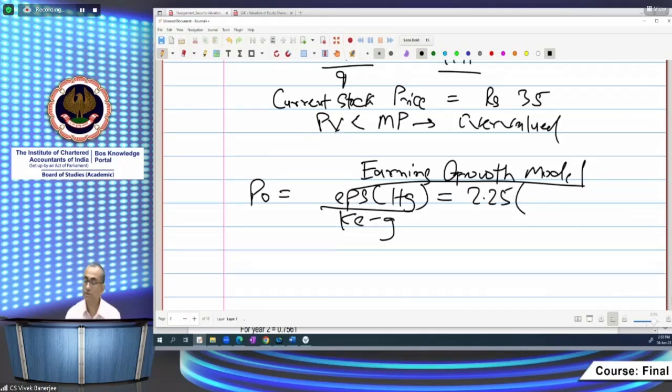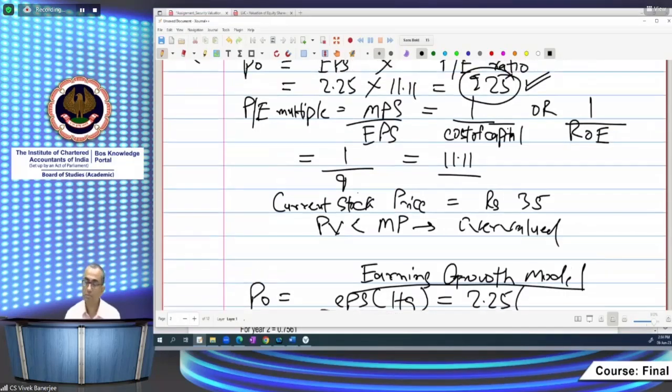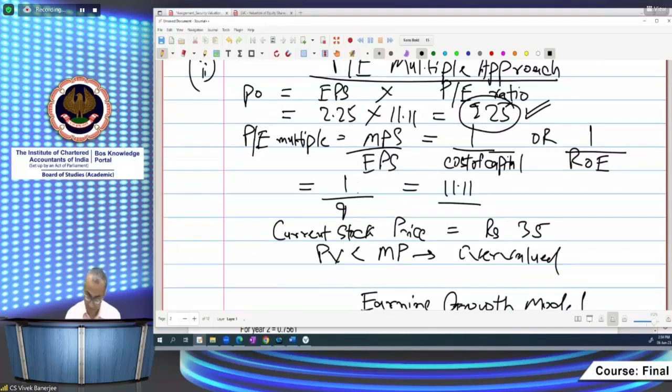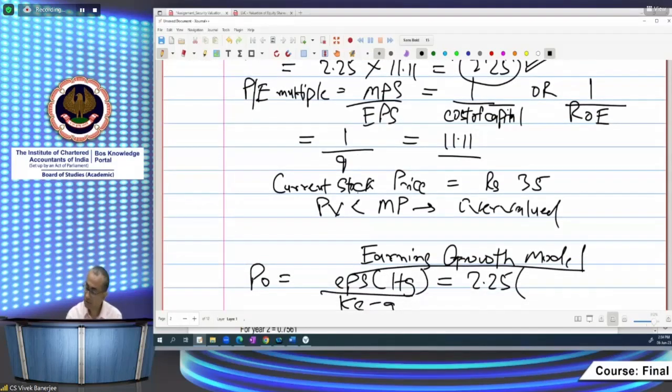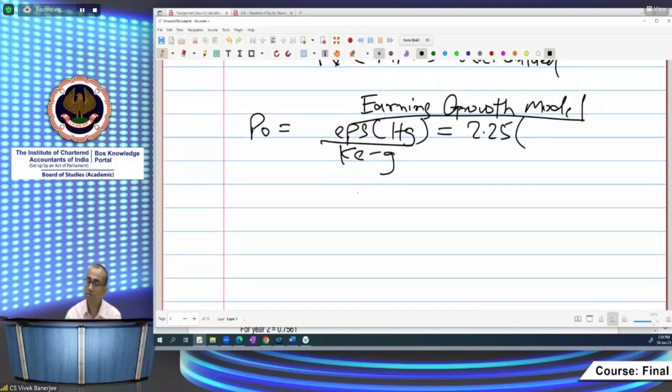The growth rate we have already calculated above. We will take the same growth rate, 2%, divided by KE minus G. In this case, the discount rate is 0.09 minus 0.02.